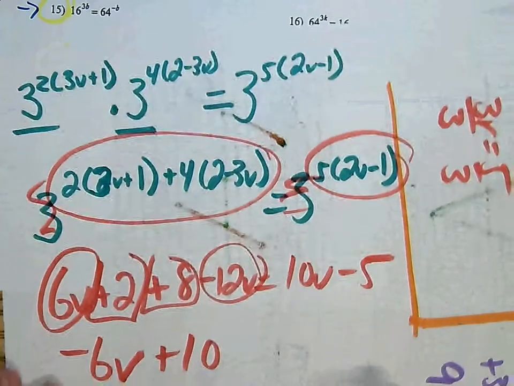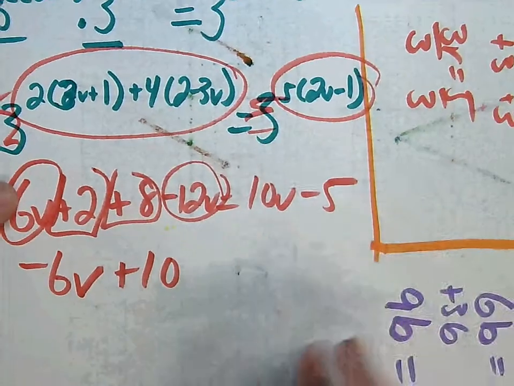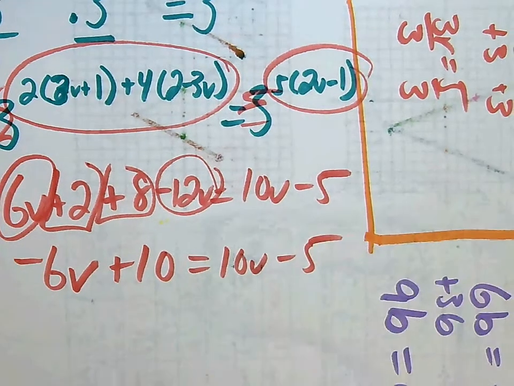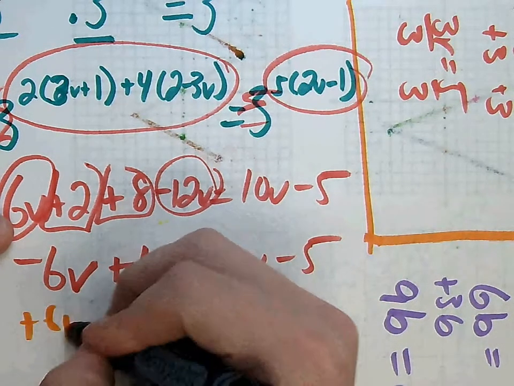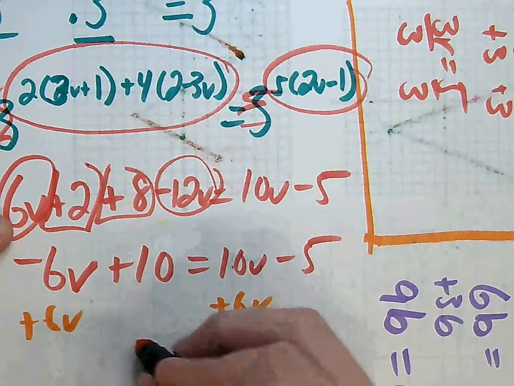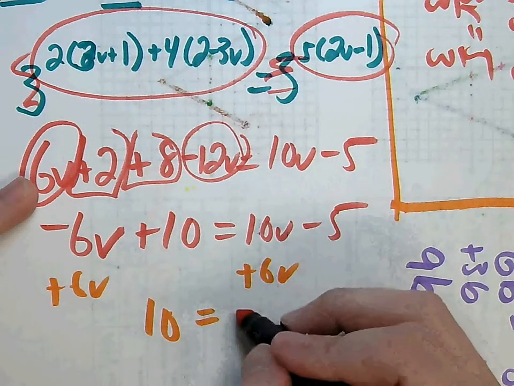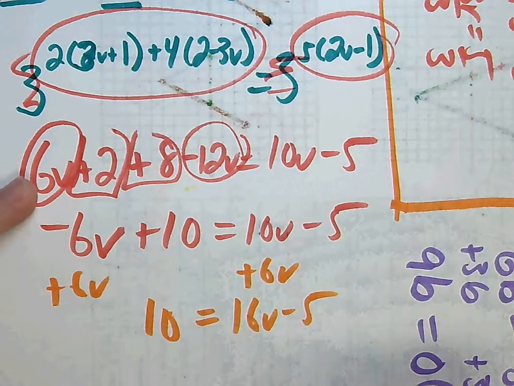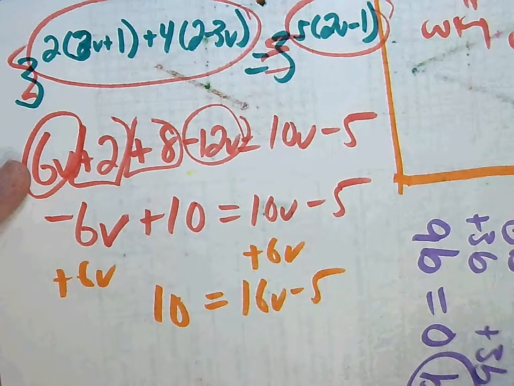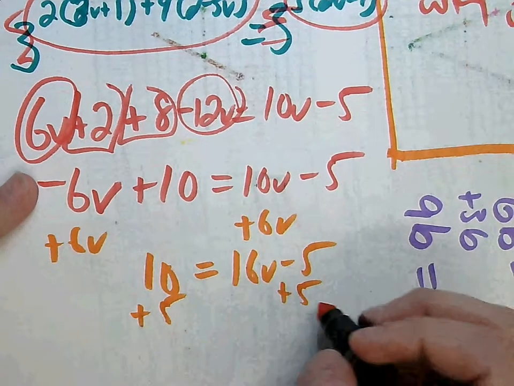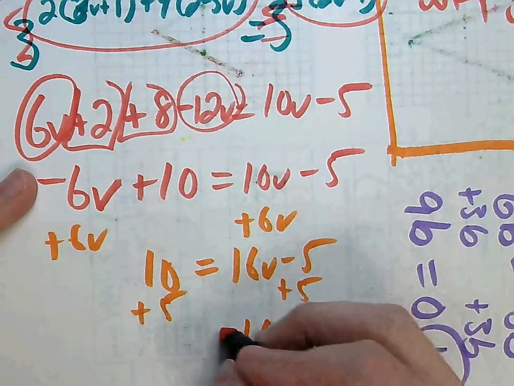Equals 10v minus 5. Now, I want variables on one side. It doesn't matter which way you do this. I'm going to personally add 6v to each side. That's going to give me 10 equals 16v minus 5. Then I'm going to add 5. It's a long problem. 16v equals 15.